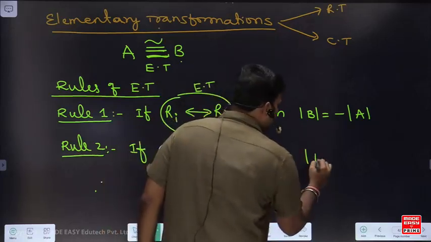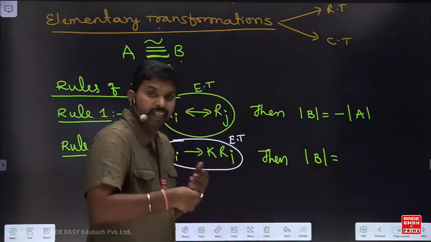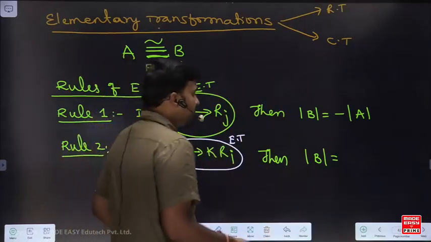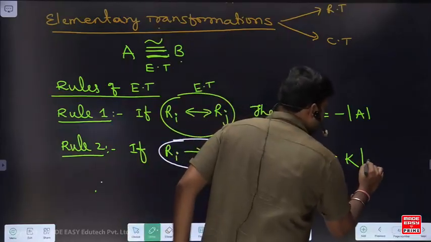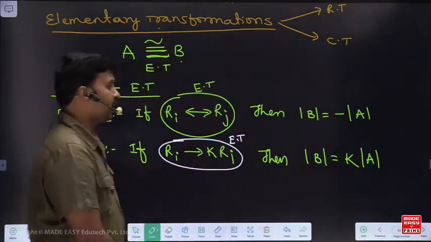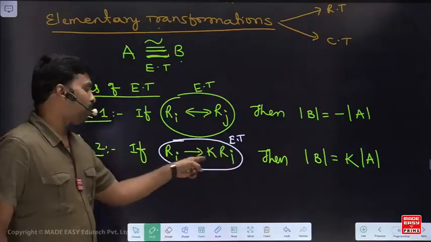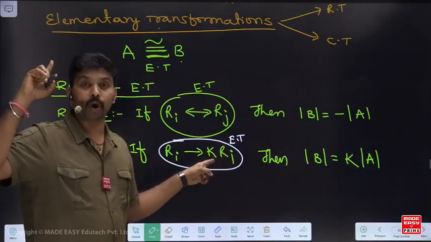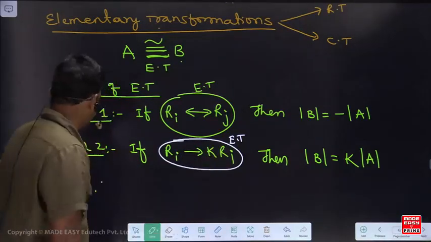The determinant of the resultant matrix is equal to k times the determinant of the original matrix. This property we have discussed in property 5 of determinants.